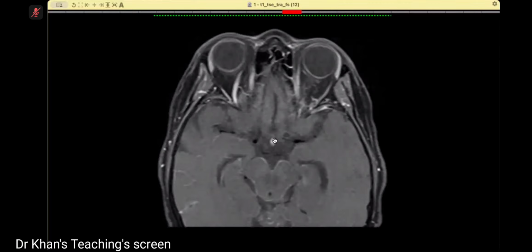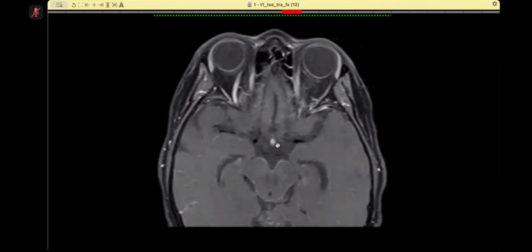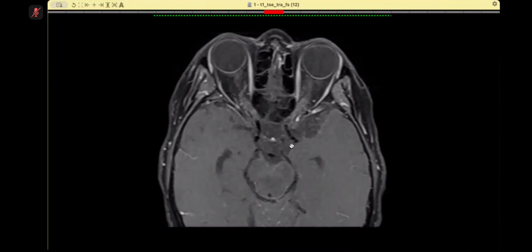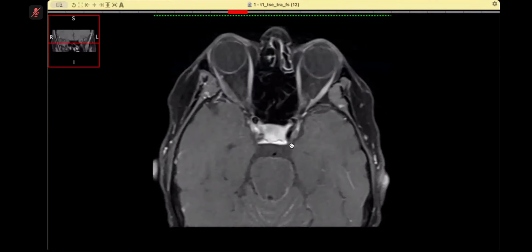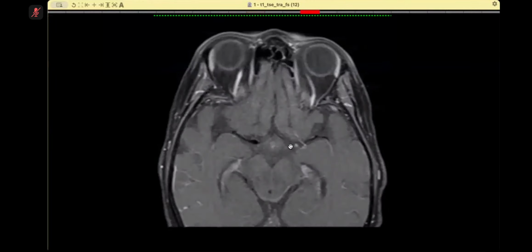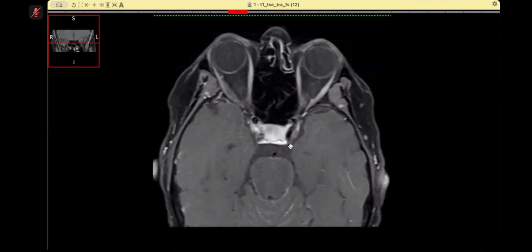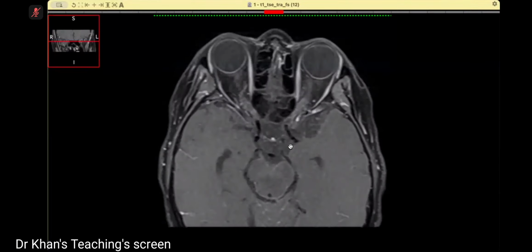I will take over, but before I take over, what is this? Looks like the pituitary, seems to be arising from the pituitary. Yeah, pituitary.